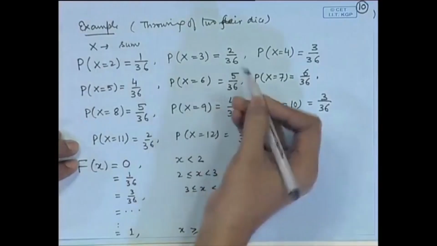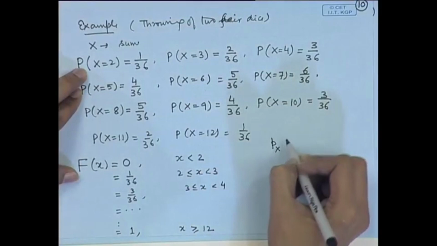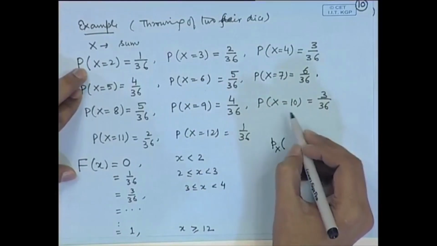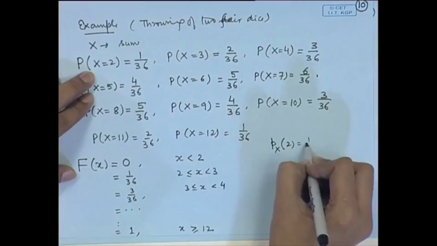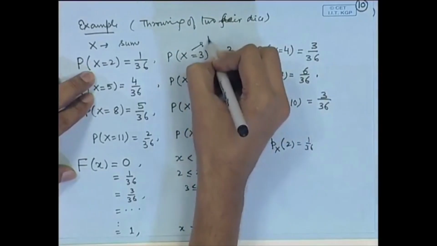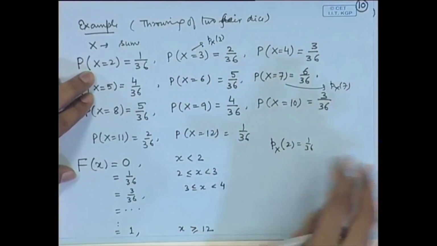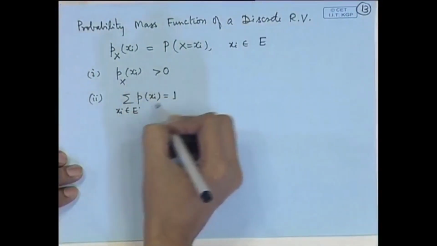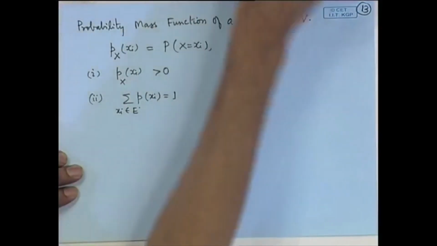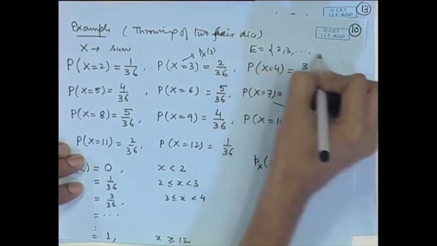Here we can write p_X(2) = 1/36, this is p_X(3), this is p_X(7), etc. It clearly satisfies the property that p_X(x_i) is greater than 0 for x_i belonging to the set E. Here, what is the set E? The set E is 2, 3 up to 12.